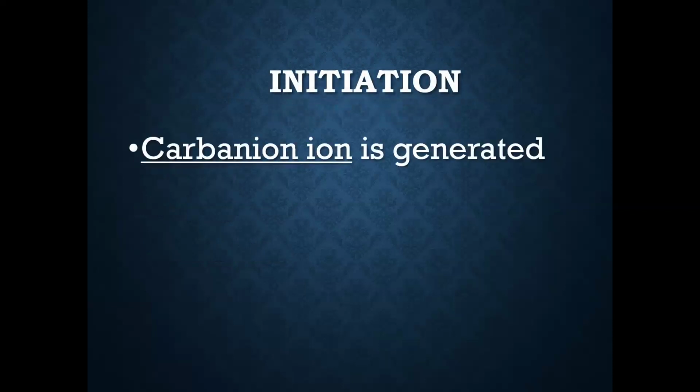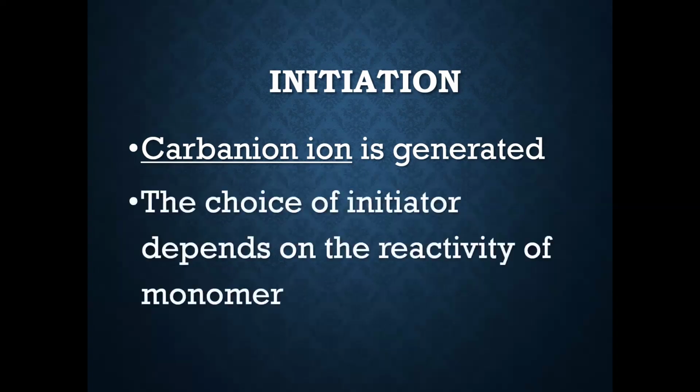The initiation step in the anionic polymerization is started by the formation of a carbanion, which is a negatively charged carbon atom in the monomer.